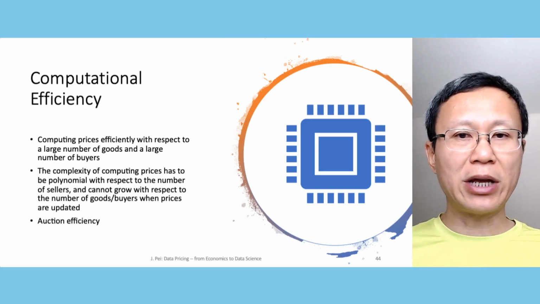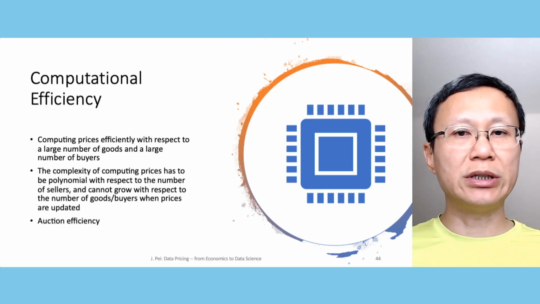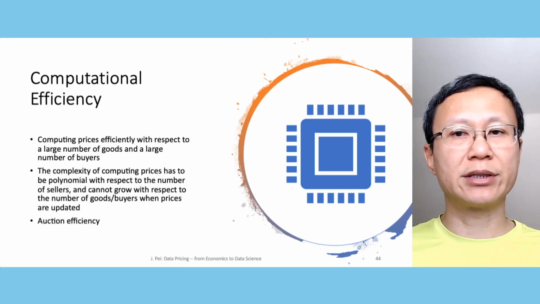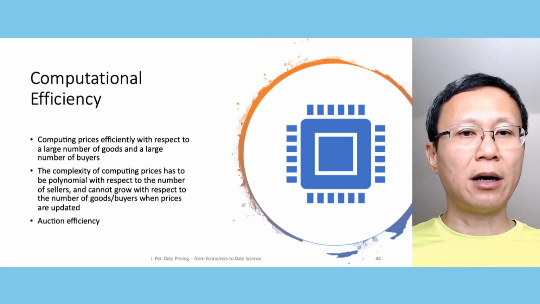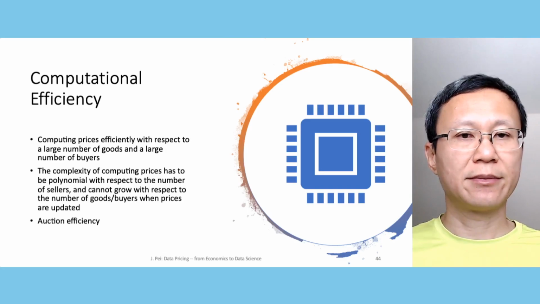Last, computational efficiency. As many information goods may be sold to a huge number of potential buyers, a pricing model has to match goods and sellers and buyers with an appropriate price. Computing prices efficiently with respect to a large number of goods and a large number of buyers presents technical challenges.